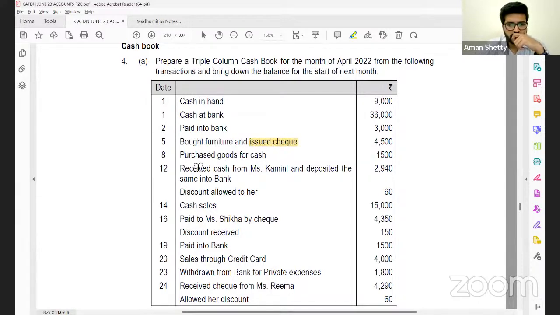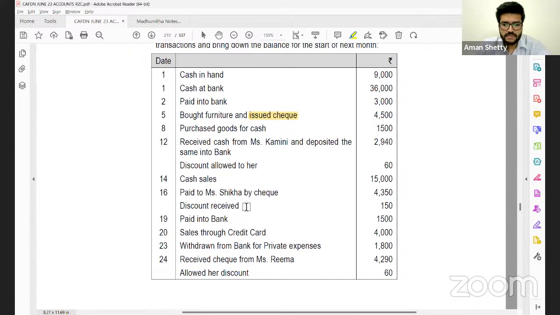Eighth, purchased goods for cash 1,500. 12th, received cash from Mrs. Kamini and deposited the same into bank 1,940; discount allowed to her 60 rupees. 14th, cash sales 15,000. 16th, paid to Mrs. Sika by check 4,350; discount received 150. 19th, paid into bank 1,500.